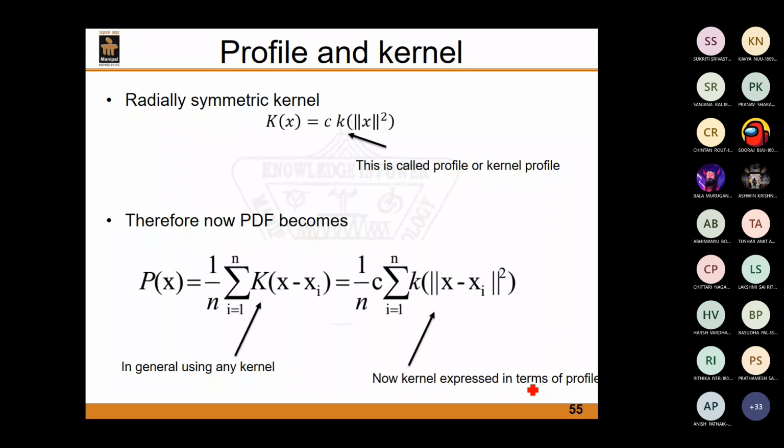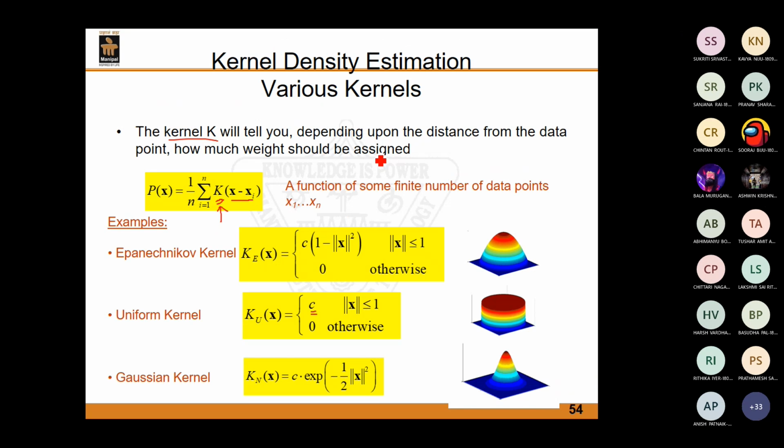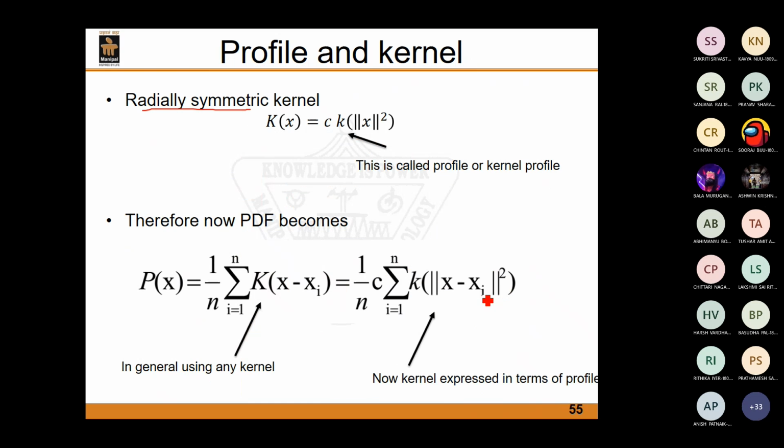The kernels which we have described till now are radially symmetric kernels. What that means is, if you consider the vertical axis across each of these, you will see that it is symmetric about that vertical axis. That is what we mean by a radially symmetric kernel, and each of the above three cases was a radially symmetric kernel.